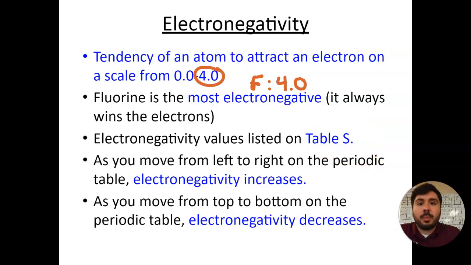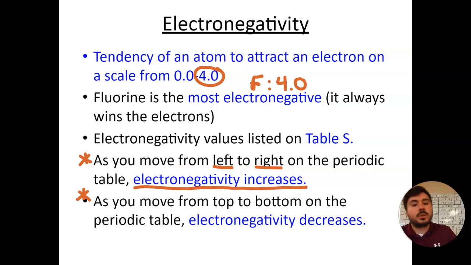But again, the more important thing I need you to take away is the trend itself. We're going to look at these last two bullet points, because they have the trend. As you move from the left to the right on the periodic table, electronegativity is going to increase.